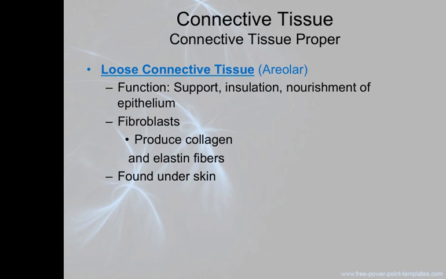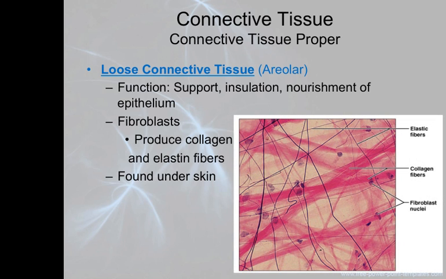The first tissues we'll look at are considered connective tissue proper. These are the tissues for which connective tissue was named. First, look at loose connective tissue. As the name implies, it has a really open or loose extracellular matrix of elastic fibers and collagen fibers.